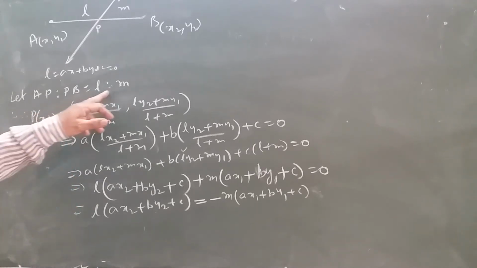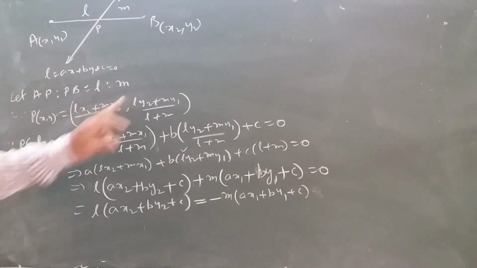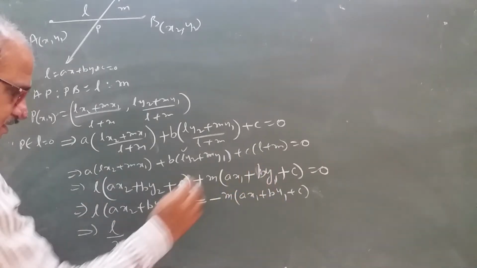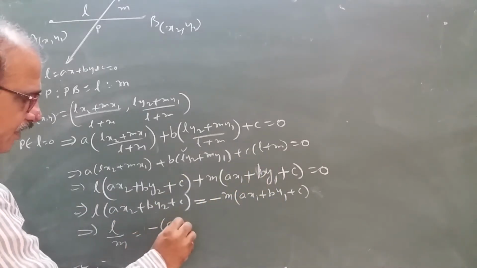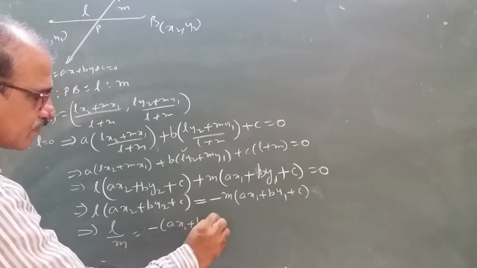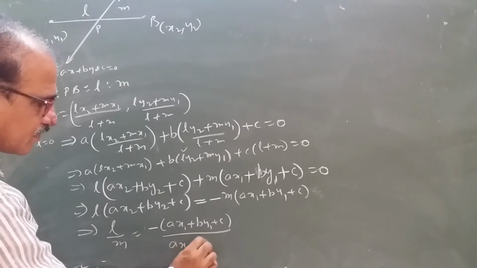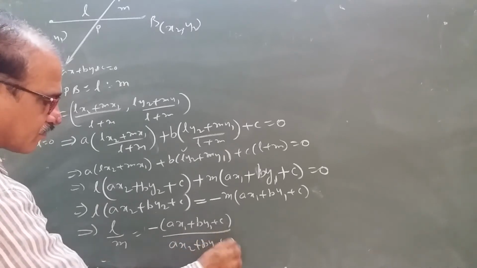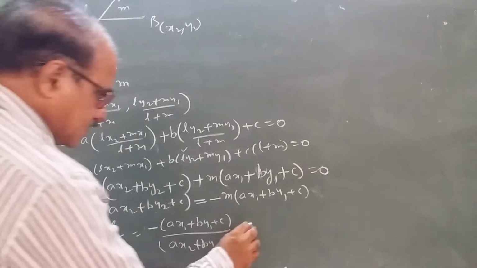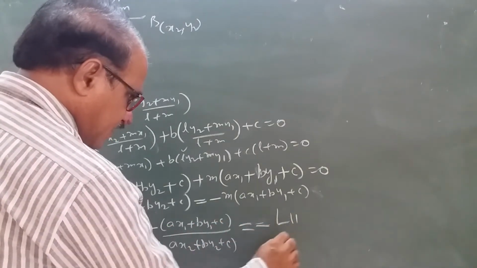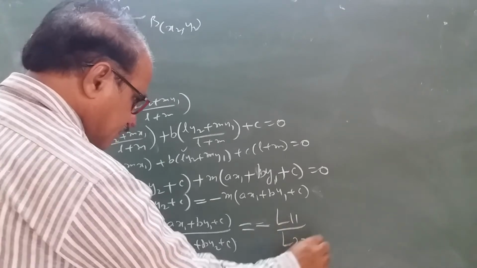We have to know the ratio L is to M. So by bringing this to the right side, L by M is equal to minus of (Ax1 plus By1 plus C) by (Ax2 plus By2 plus C). That is nothing but minus of L11 by L22.